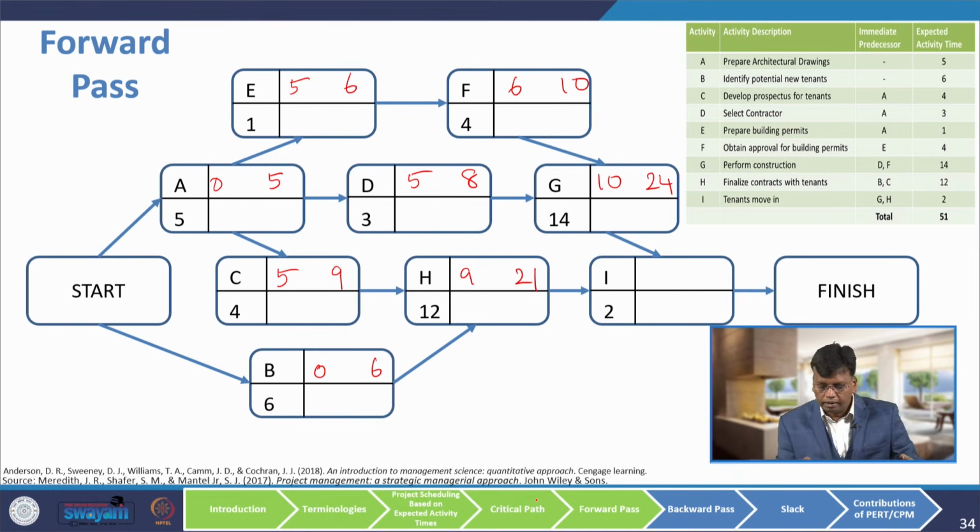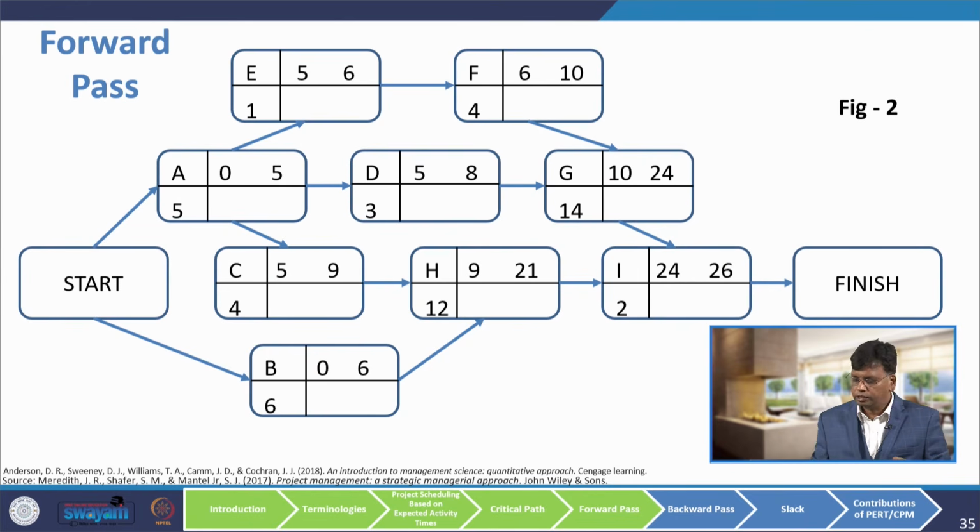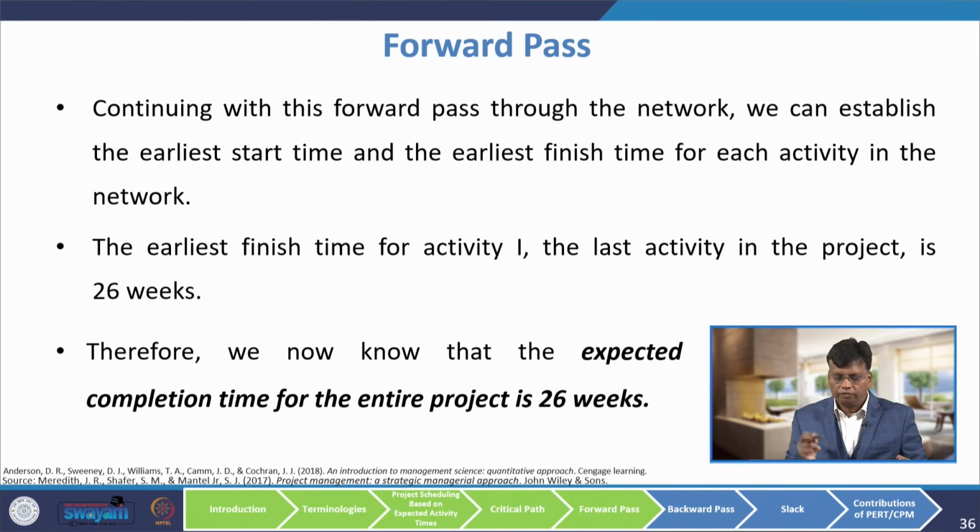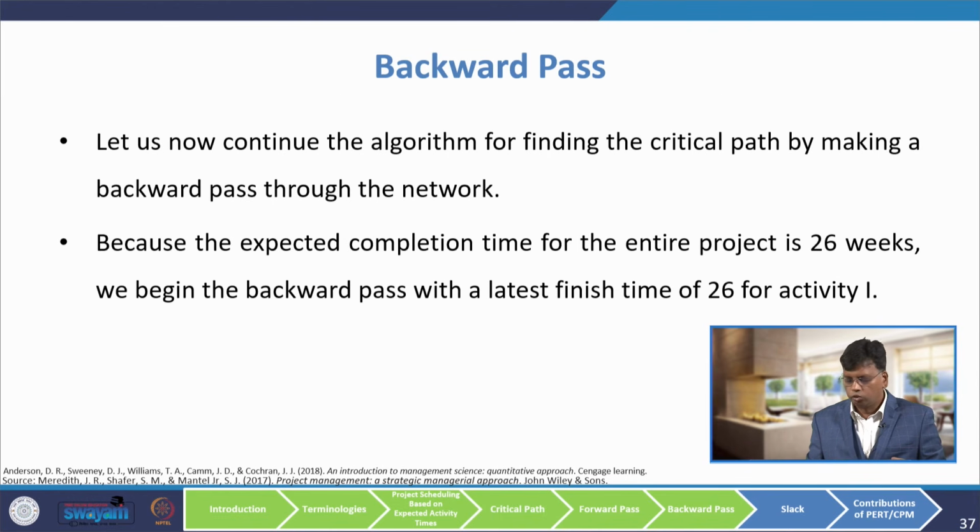Now, for I there are two options, 21 and 24, and the largest is 24. So, 26. So, this is the forward pass. Continuing with this forward pass through the network, we can establish the earliest start time and earliest finishing time for each activity in the network. The earliest finish time for activity I, the last activity in the project, is 26 weeks. Therefore, we know that the expected completion time for the entire project is 26 weeks.